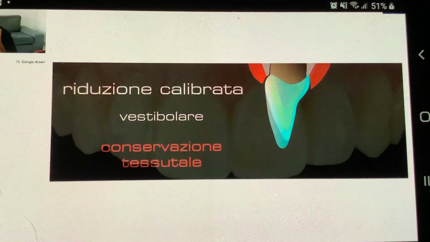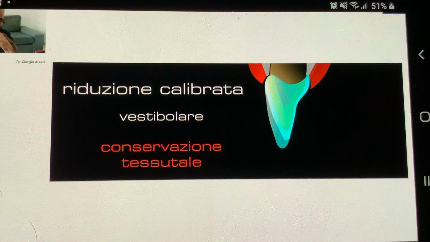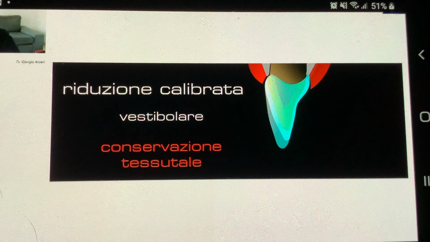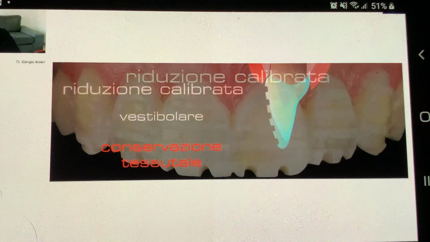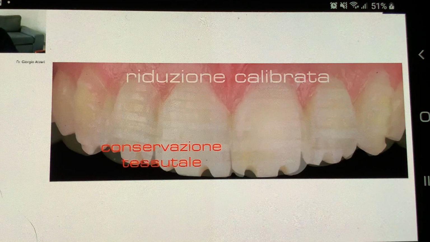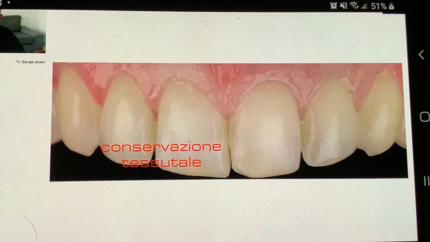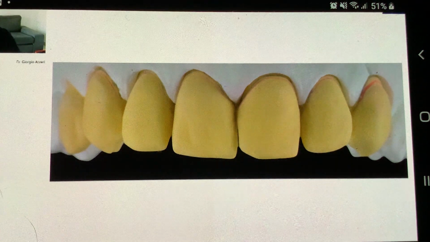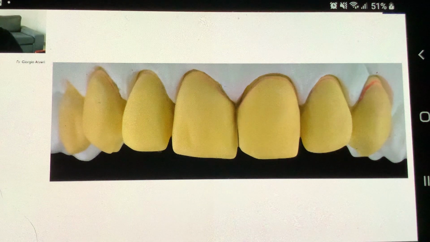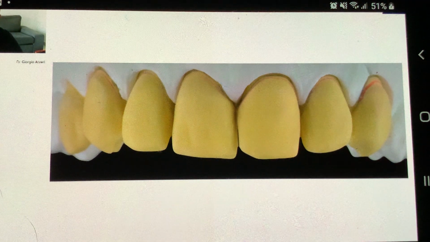So the inclination of these teeth can be changed through this approach. You see, in this case, you can see this with the mock-up, and then through a calibrated cut technique, which allows me to preserve as much as possible the amount of enamel and to keep it intact through the gingival margin, which is the fulcrum of movement, where the push forces from palatal to vestibular are induced by the lower arch to the upper arch.